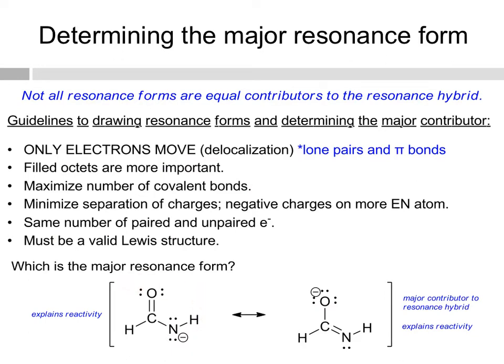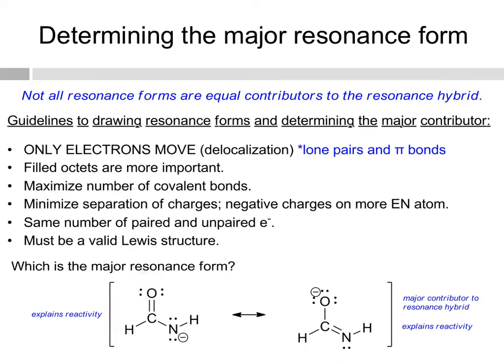So in that case, why do we care about drawing the structure at all? Well, the reason is that this structure is going to help us explain reactivity, which this resonance form may not help us do. So while both of them resemble the resonance hybrid, remember that this one is the major contributor. As far as reactivity goes, this one is telling us which one is more stable.